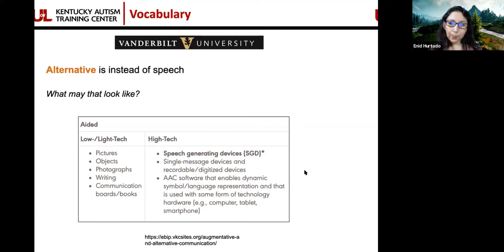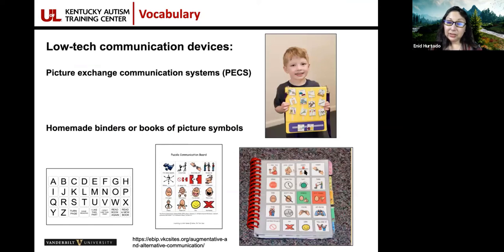Okay, so let's see what each of these look like. Low tech communication devices. So again, here's our PECS, which is interesting because PECS used to be listed on its own on that report that I was talking to you about, because that report first came out in 2014. And I'll just do a quick aside because I think it's a really cool story. That report represents actually 3 different universities.